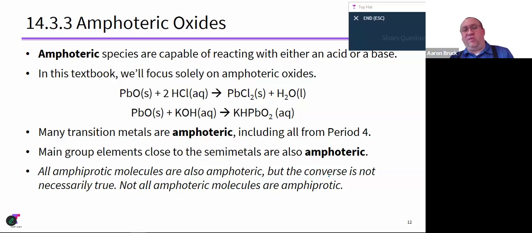We can also see lead 2 oxide reacting with potassium hydroxide to make potassium hydrogen lead 2 oxide. The key attribute to each of those is that in being able to react with acids and bases in that kind of way, we have two different ways of getting lead from its oxide counterpart.